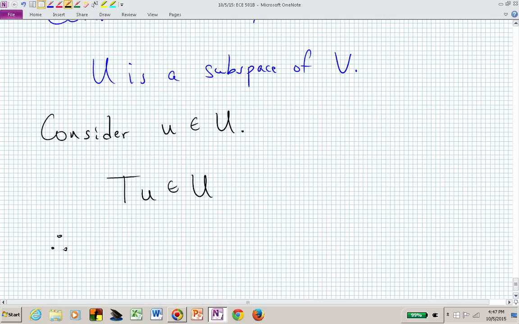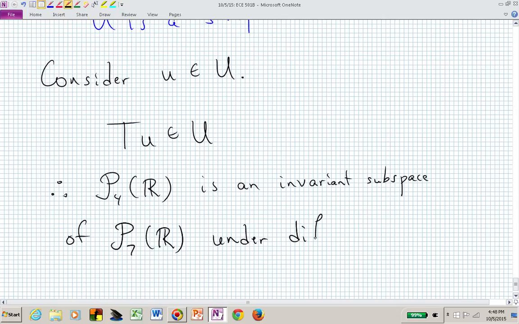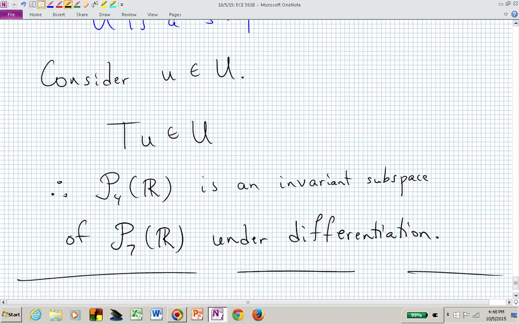So what can we say about U as a subspace? P4 is an invariant subspace under this differentiation map T. Let me write that again: P sub 4 is an invariant subspace of P sub 7 under differentiation, under that linear map T. And that's a little different way of thinking about these concepts.